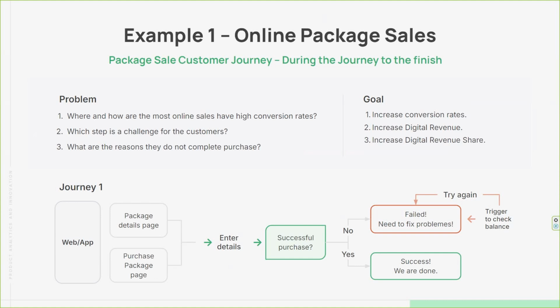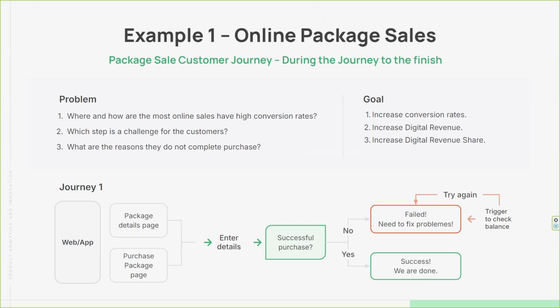And so when this scenario happens, that they run out of their packages, they have two options. They can either go to the web or application. And when they go here, maybe in my fictional telco company, I have two pages that they can purchase the package from. One would be their actual package details page, and the other would be an overall page where they can just purchase a package like a shop. They enter their details, and then we check, is there a successful purchase?